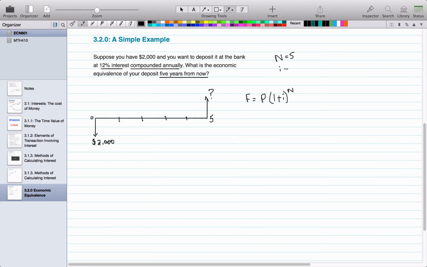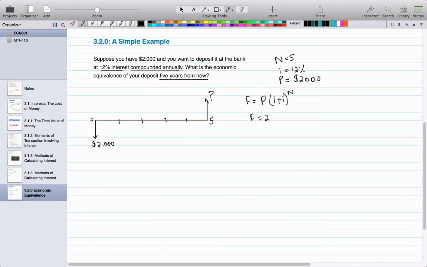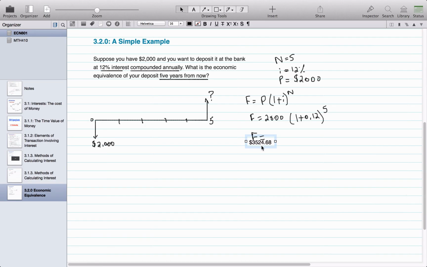I is equal to 12%, and P is equal to $2,000. So F is equal to 2000 times 1 plus 0.12, converting the percentage to decimal, to the power of 5, which equals $3,524.68.